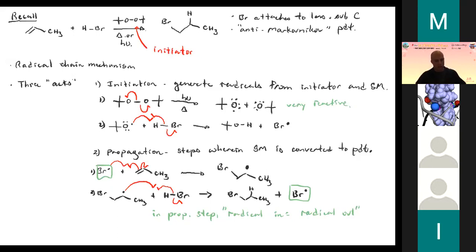And that's the termination, Act 3. So termination steps are basically anything that abolishes a radical. So radical in, closed shell species out.